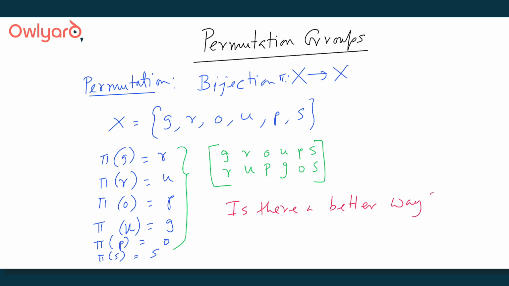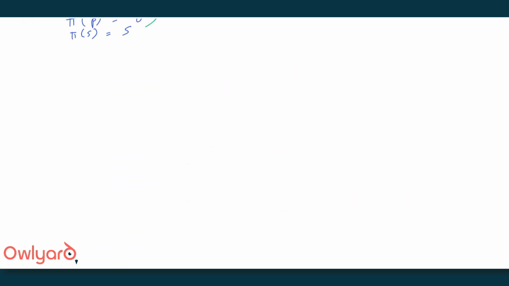Is there a better way to represent permutations? Well, it turns out that there is one, and we call it the cycle notation.